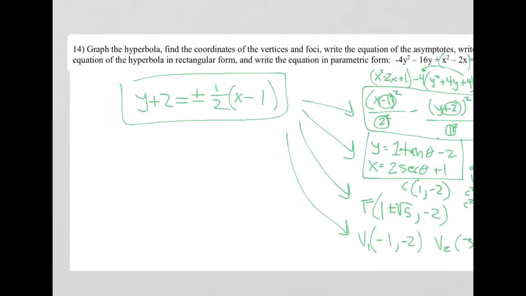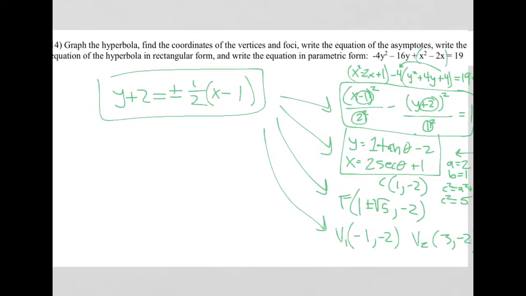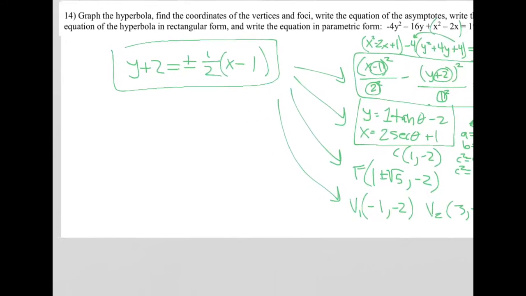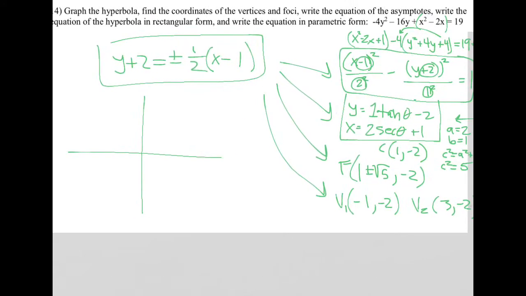What else do we need to do? Graph the hyperbola. So that's the last thing. Let's plot our center. We identified our center was at 1, negative 2. So there's our center right there. And again, I like parametric form because I can look at the 2 as the coefficient for my x stuff.